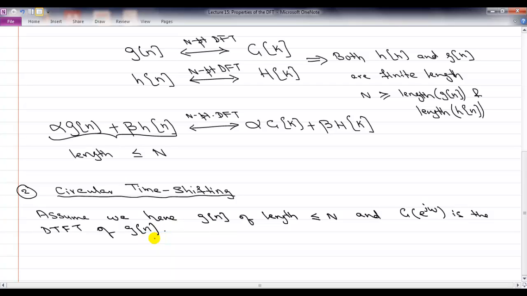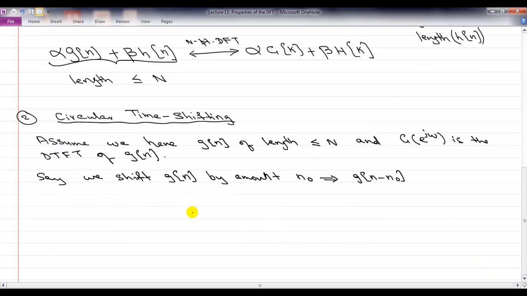Now, if I shift this sequence by some amount, let's say we shift Gn by amount n naught. So let's call that g of n minus n naught. Okay.